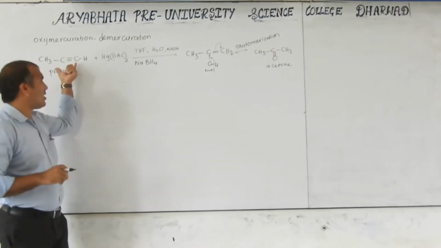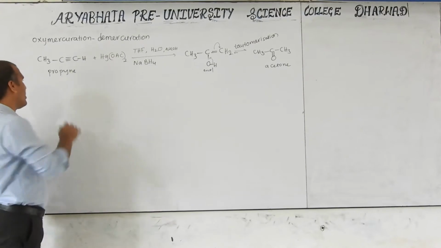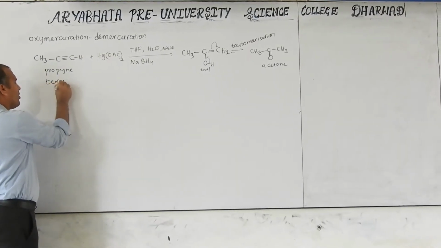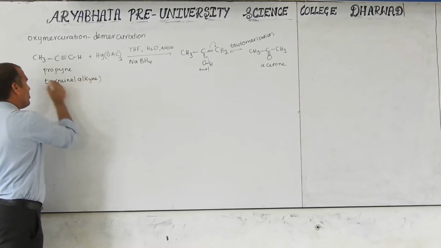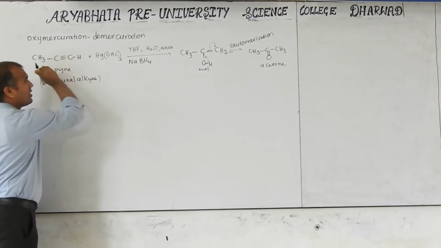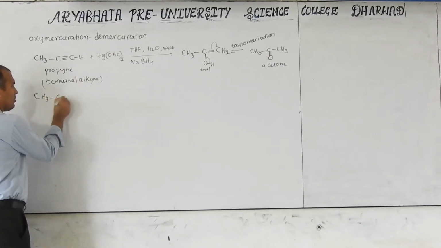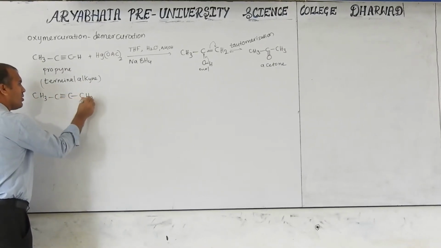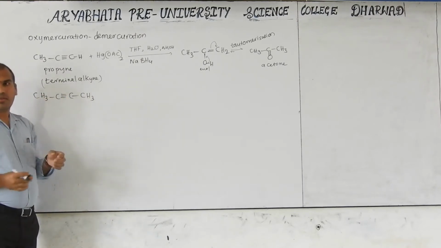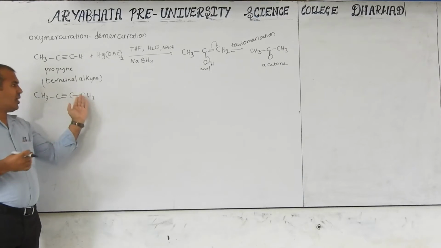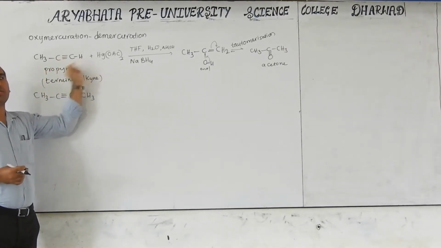What you observed in the last class in hydroboration oxidation: if a terminal alkyne is there, terminal means the triple bond is at the end, anyway, left side or right side. This is called a terminal alkyne. This is not an IUPAC name, just the triple bond at the end. This is called an internal alkyne, with the triple bond in the middle or anywhere inside. Here an alkyl group, here an alkyl group is there, but in the terminal one there is no alkyl group, H is there.